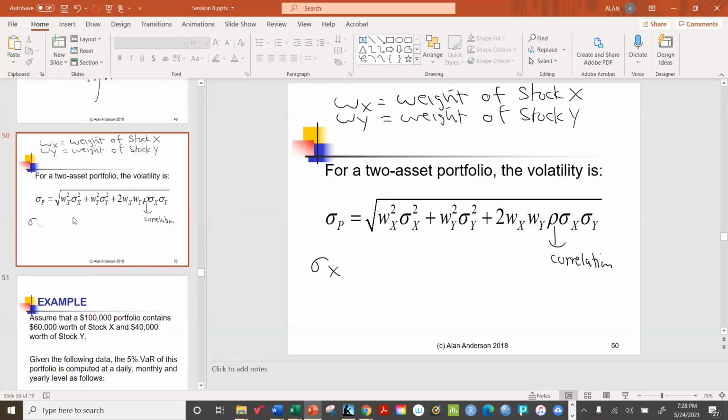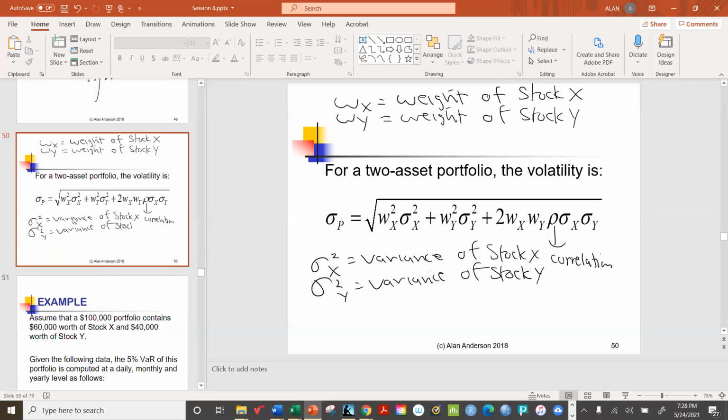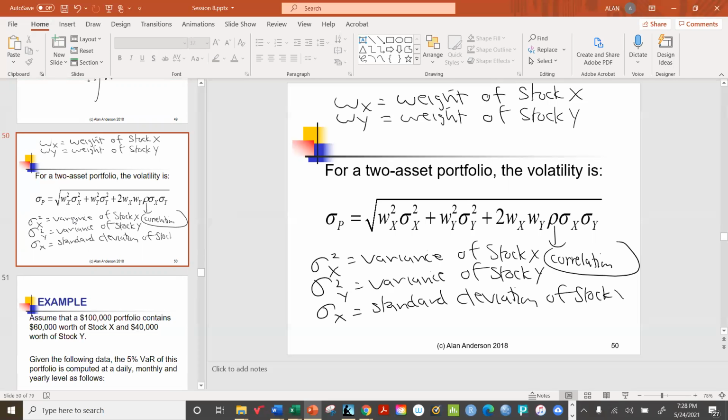This is the variance of stock X. This must be the variance of stock Y, of course. Now, without the square, this is the standard deviation. And this is for Y.